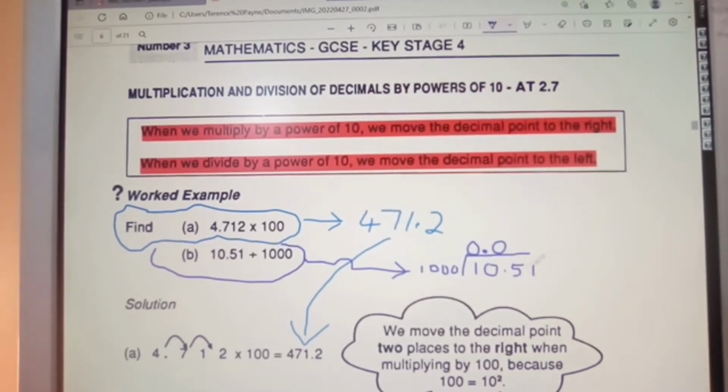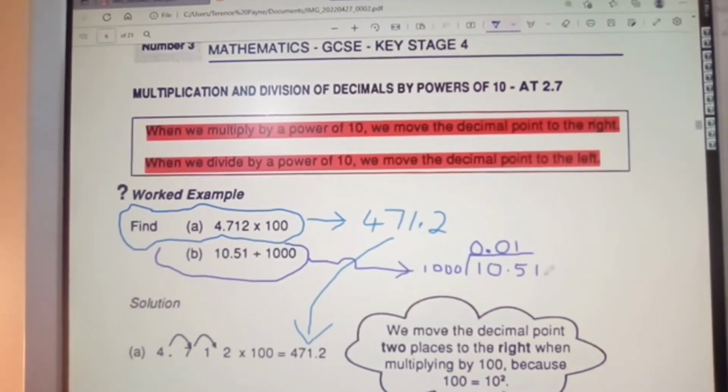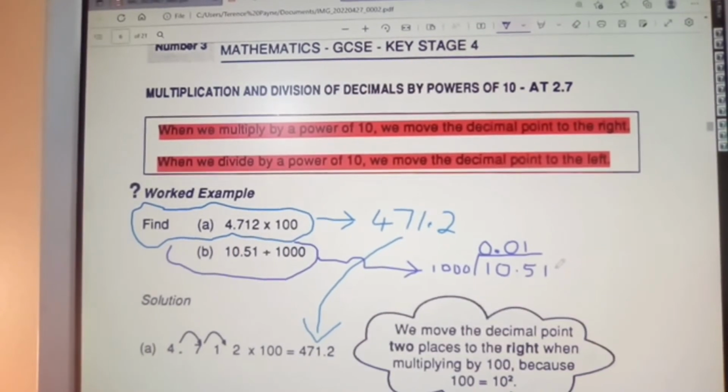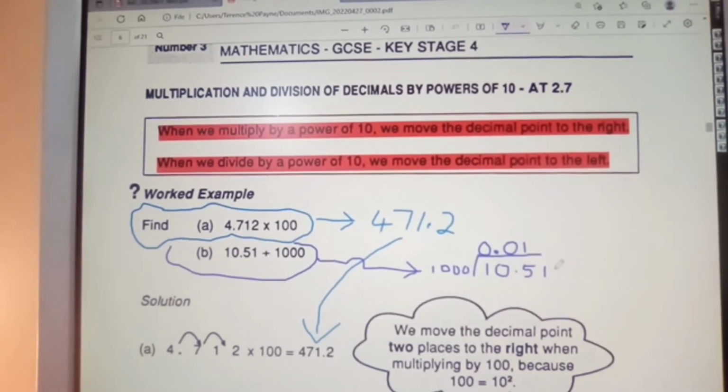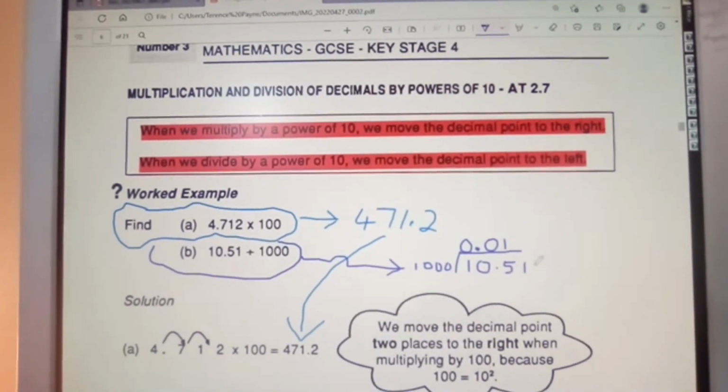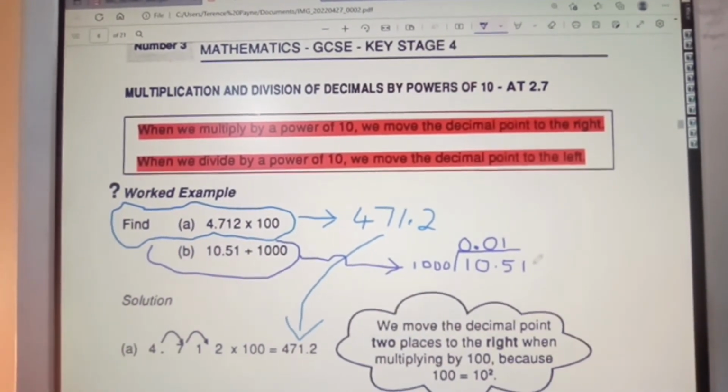So then I'm going to move the decimal point, and it comes into 1,000 into 1,051. Goes once. I have 51 left. A 1,000 into 51 cannot go.